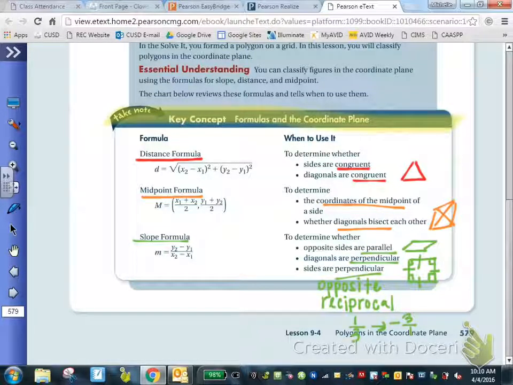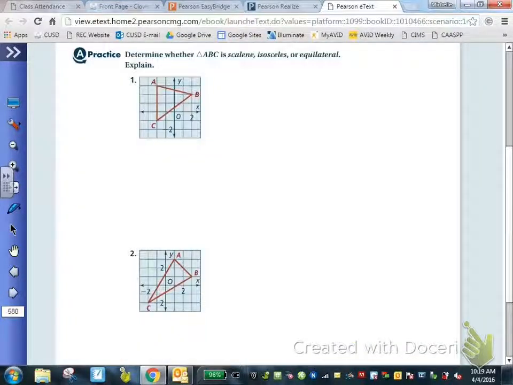When you think about math in terms of what you guys are going to do in high school and college, this is the closest to what I can explain to you. So a lot of math ends up being, I give you this statement, now I want you to use all your math knowledge to prove it. Okay? So we're going to do practice number 1 because it has the graph on it.